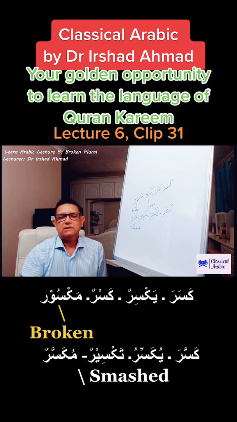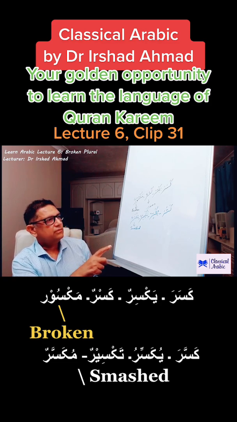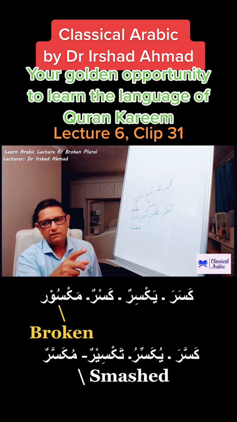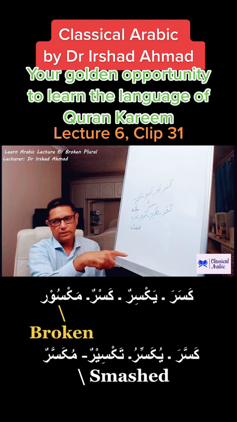But when the same glass is smashed, it is difficult to recognize those pieces as glass. So in Jama Mukassar, basically we cannot identify clearly the singular word in that Mukassar word.